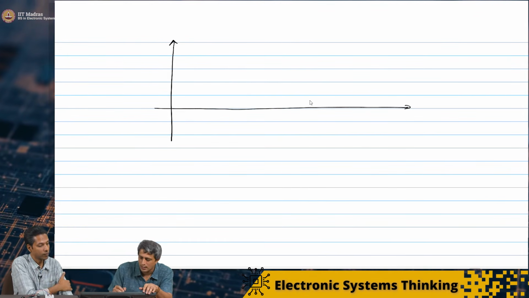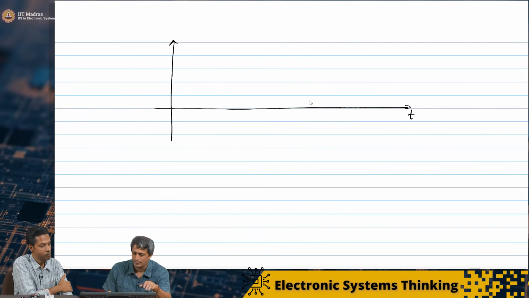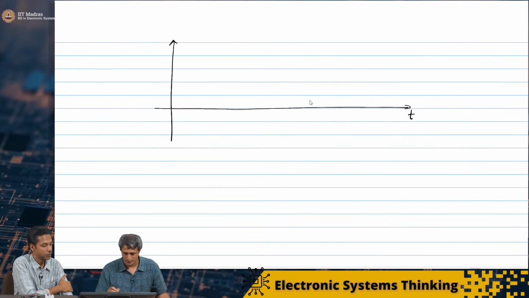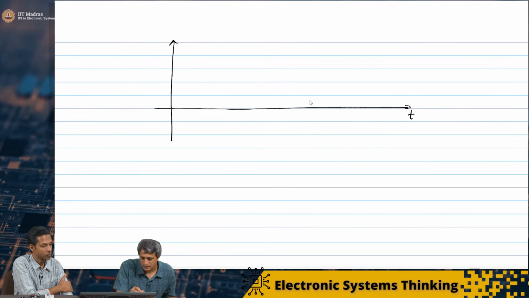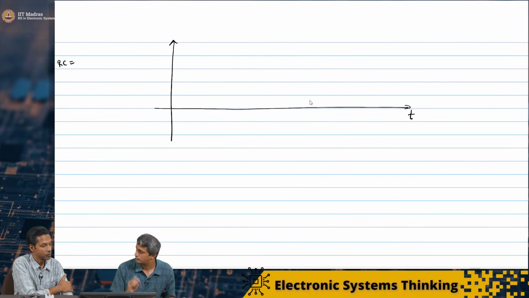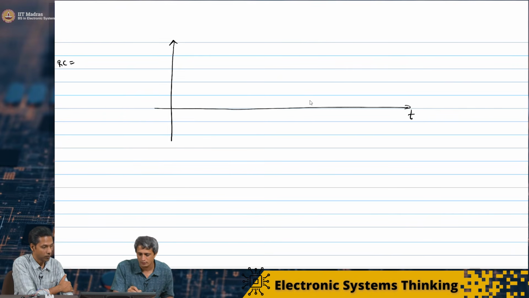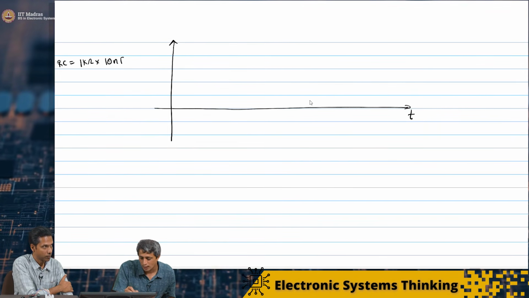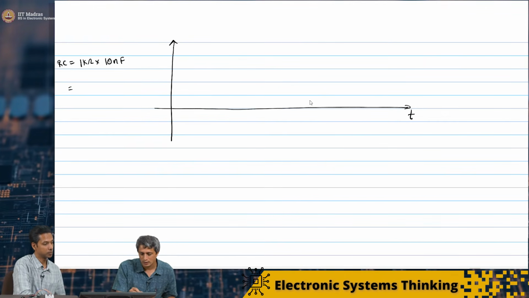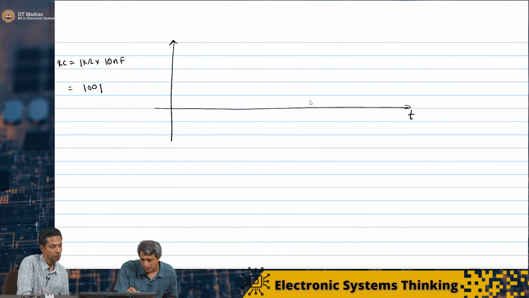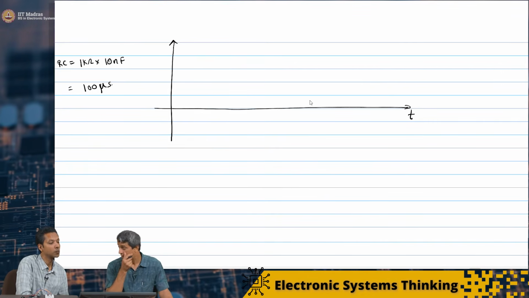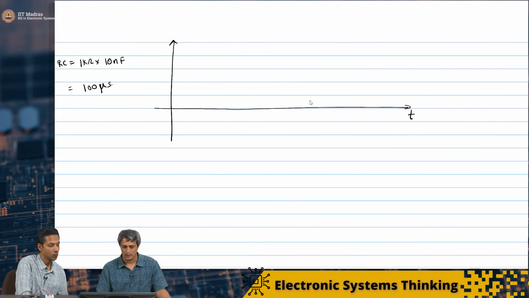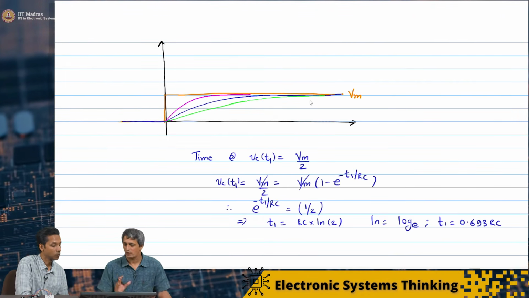I'm going to plot as a function of time, and so it's important to understand what this RC number is now. In this experiment, we used 1 kilo ohm into 10 nanofarads. This was 100 microseconds. That means this circuit is operating in a time scale of 100 microseconds.